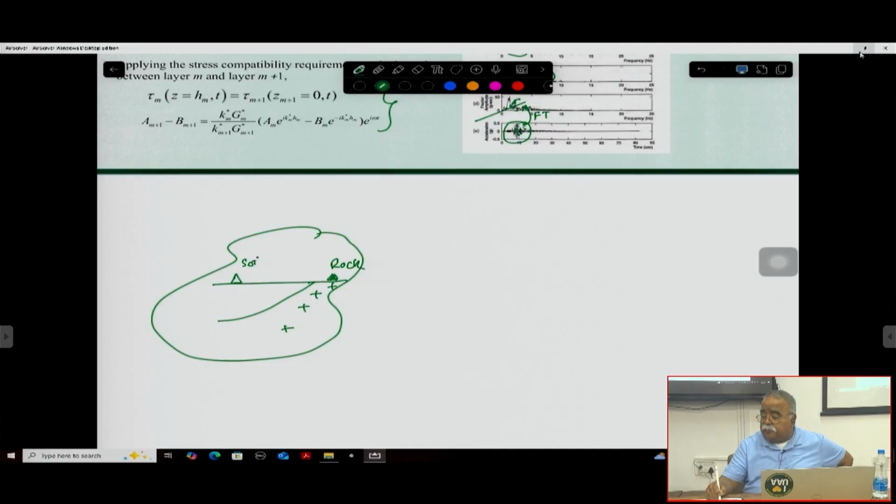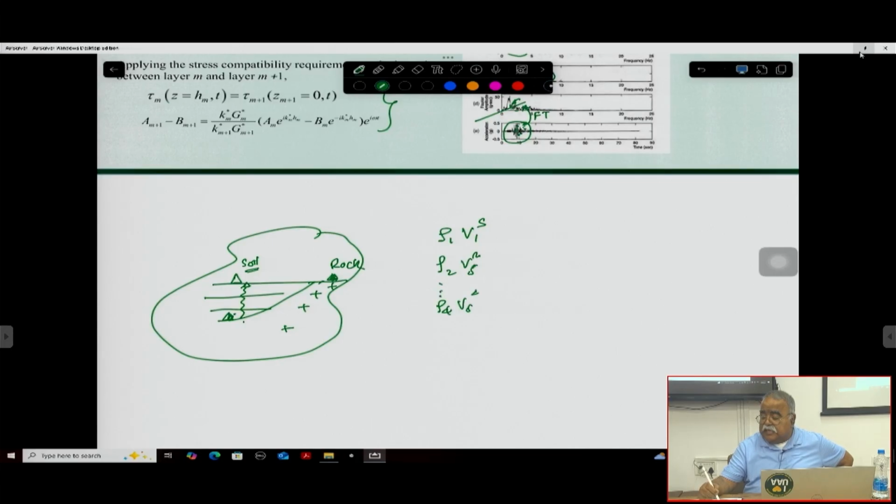So what I did, I take this rock site data here, and then that data we propagate through the soil column, and if we know each soil part, how much is the motion, we can calculate from rho 1, VS1, rho 2, VS2, if you know that, to say rho 4, VS4.